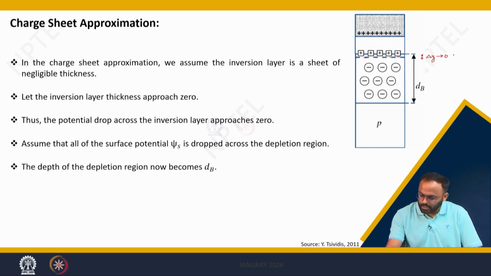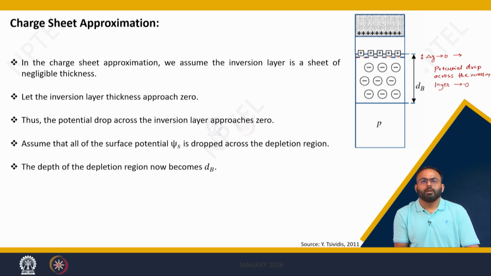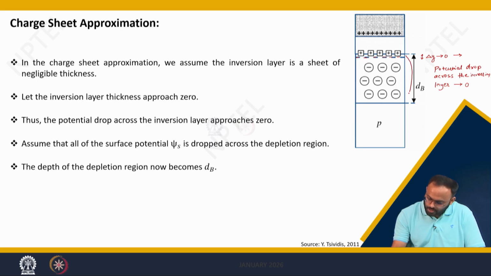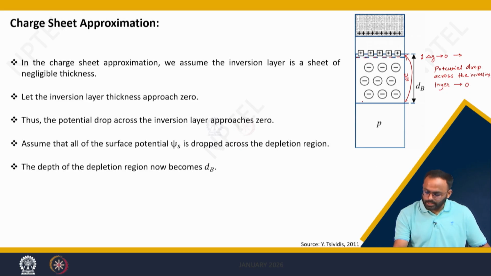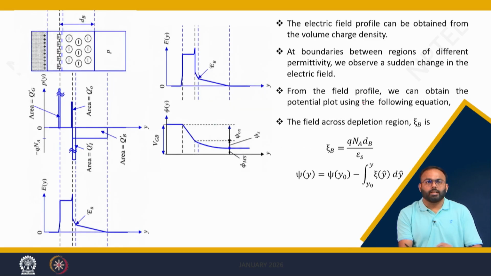So you can consider that the potential drop across the inversion layer is almost 0. Then the total surface potential will drop across the depletion region only. This is a good approximation we are using to simplify our analysis.